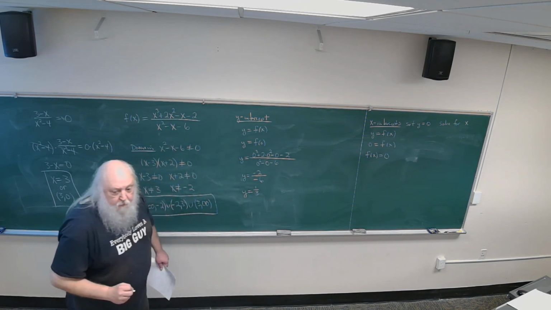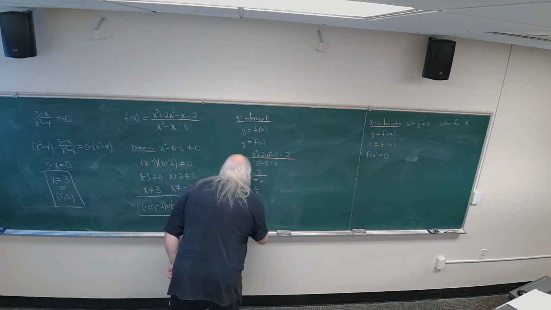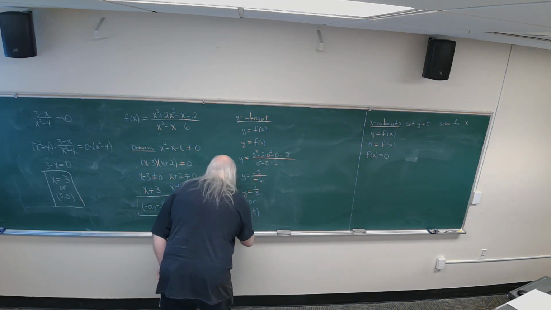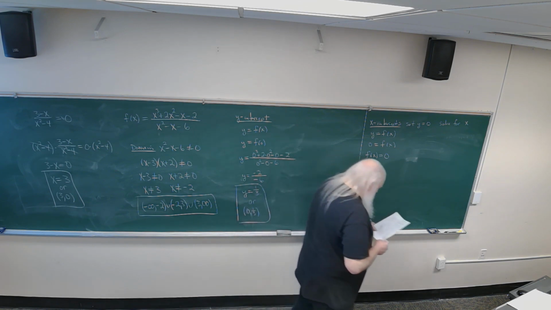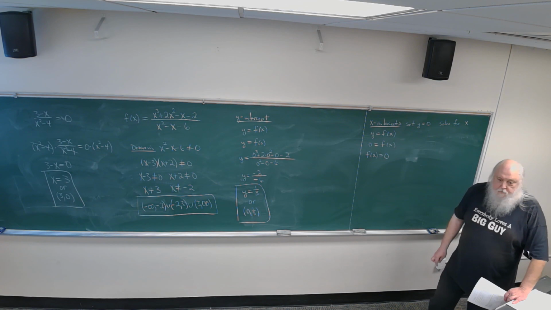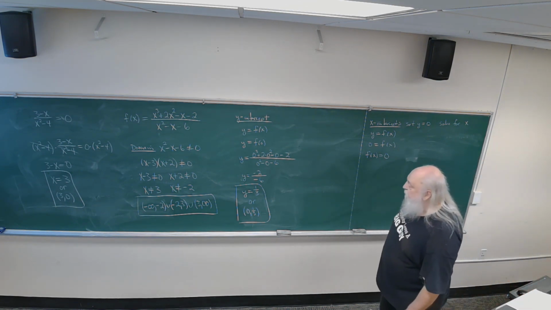Right? So the y-intercept is at y equals 1/3, or the point (0, 1/3). Cool beans? Okay. Now here's the difficult part.